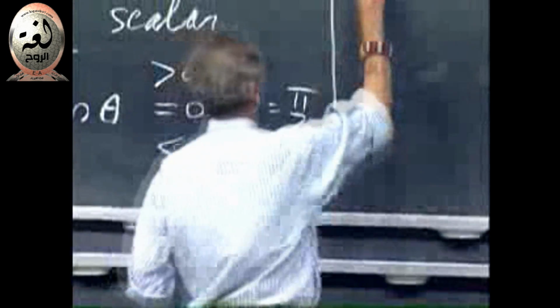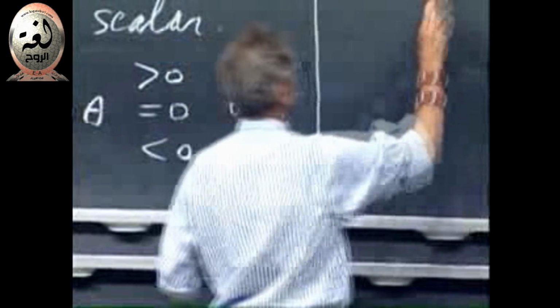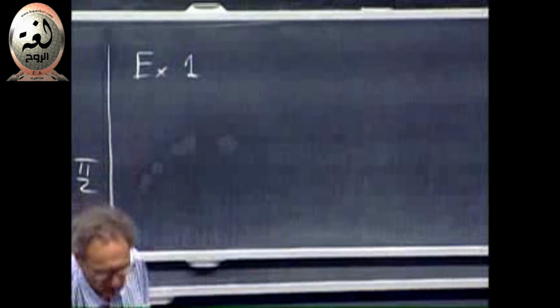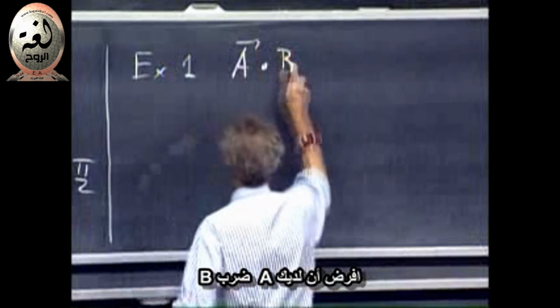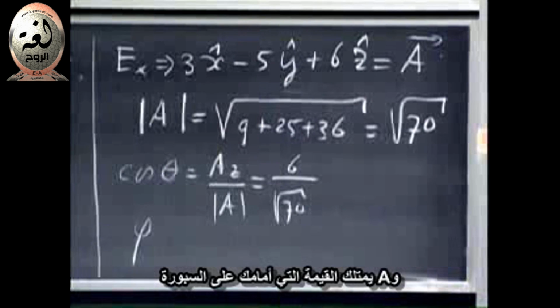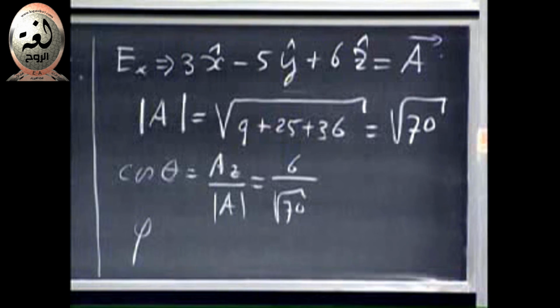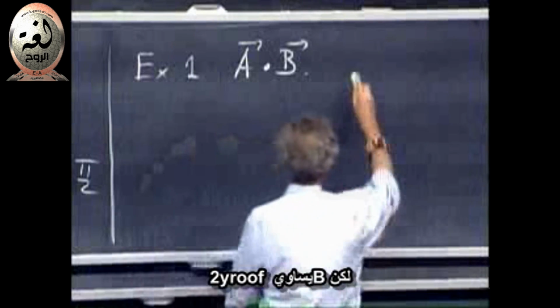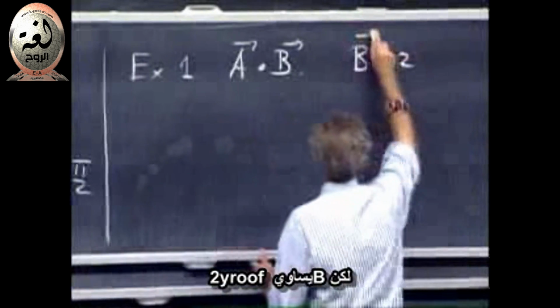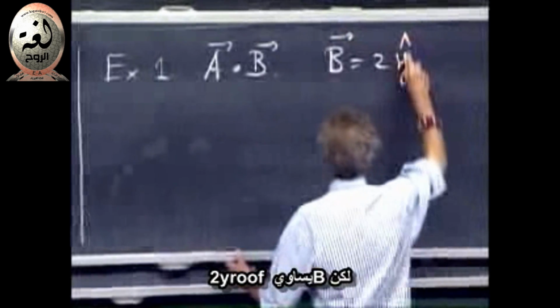I could do an extremely simple example with you. The simplest that I can think of, perhaps it's almost an insult, it's not meant that way. Suppose we have A dot B, and A is the one that you already have on the blackboard there. Right here, that's A. But B is just 2 y roof.